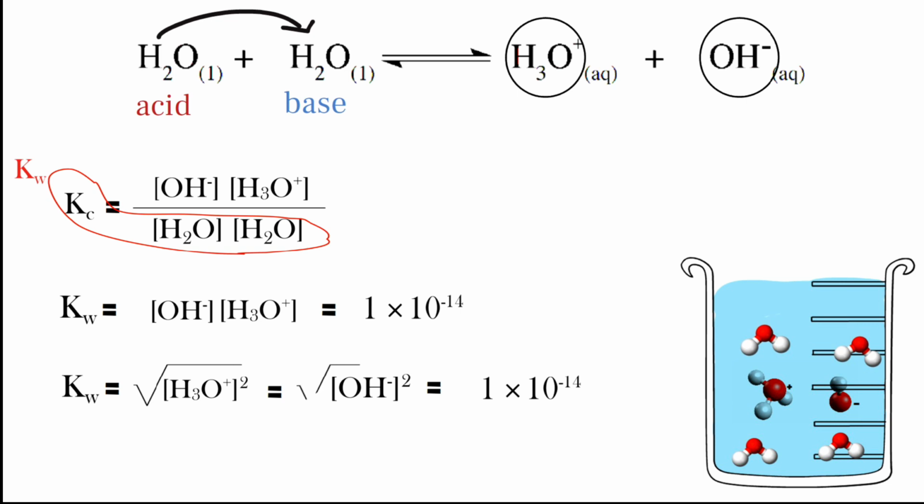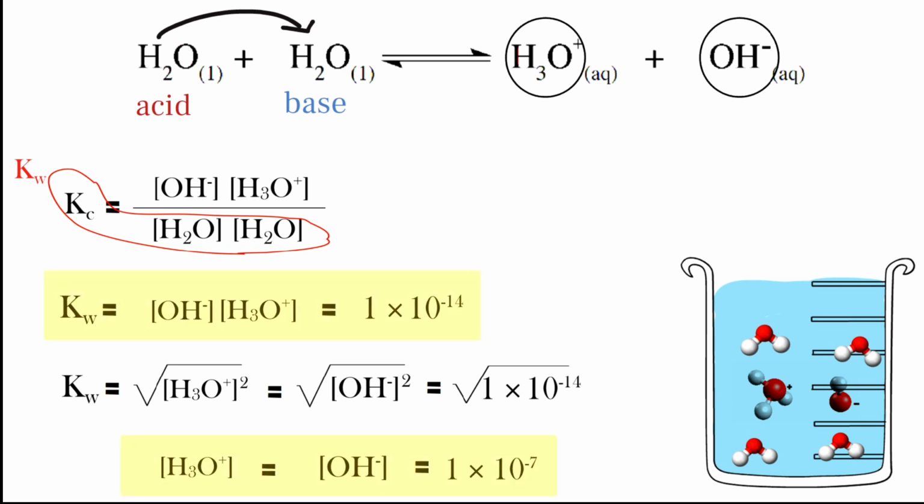By calculating the square root of them, we conclude that the concentrations of H3O+ and OH- are equal and are equal to 1 times 10 to the power of minus 7. These two equations are important to solve the upcoming exercises.